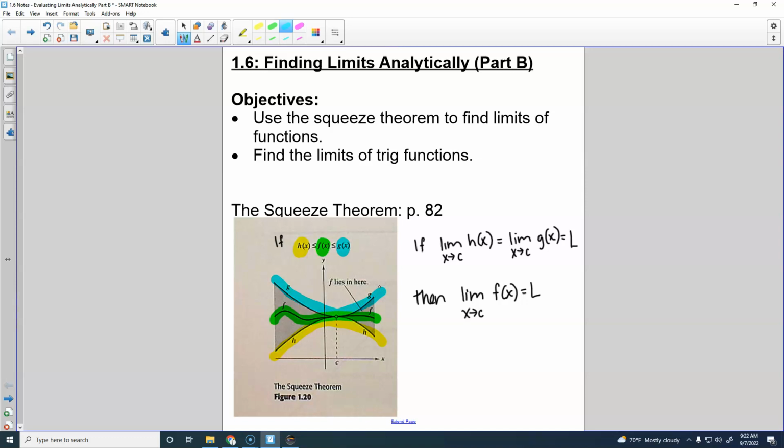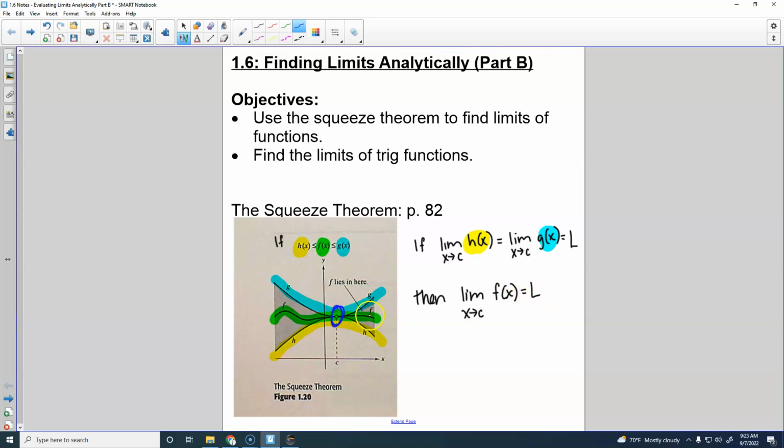We know those are the case, and we know that h and g, so the bottom and the top, have the same limit. Okay? So if they have the same limit, that means they have to go through that same point right there. Right? So if they have the same limit, then that tells us by what we call the squeeze theorem that f has to also have that same limit.